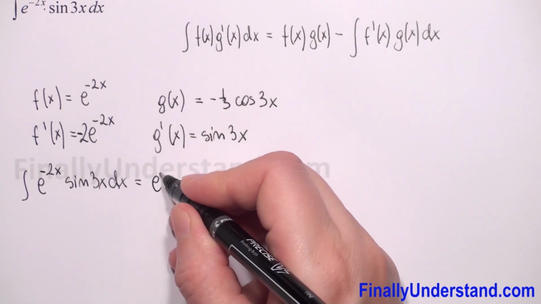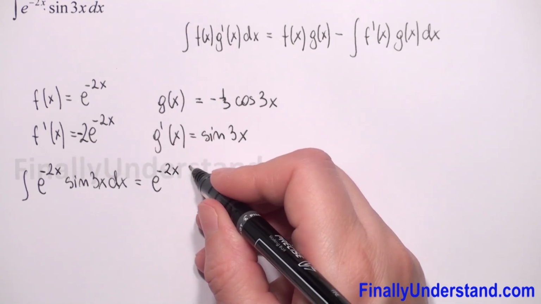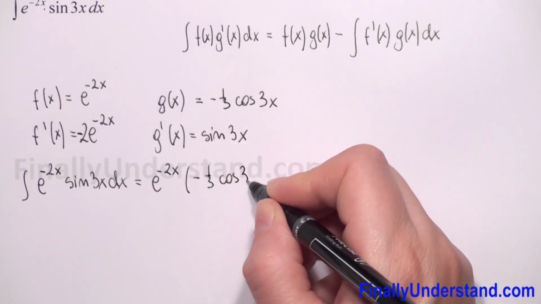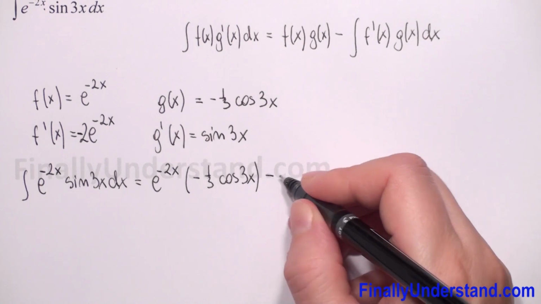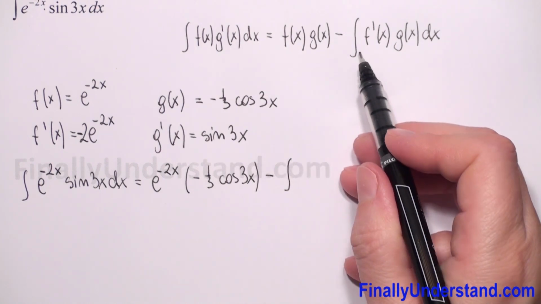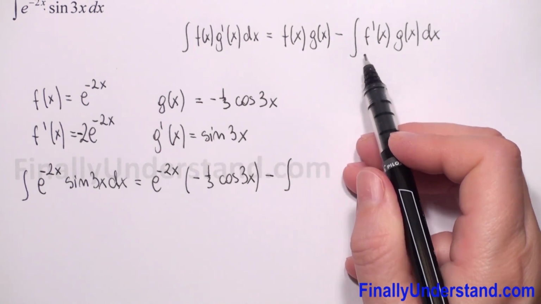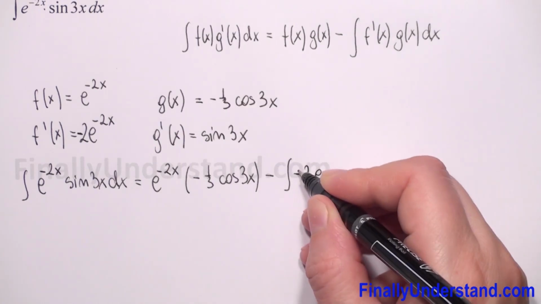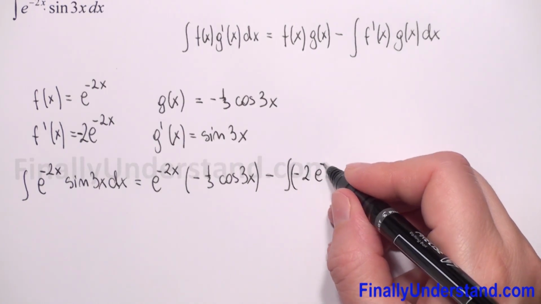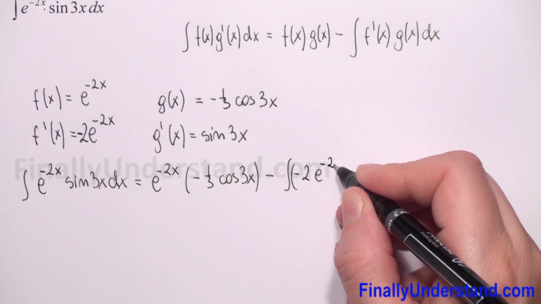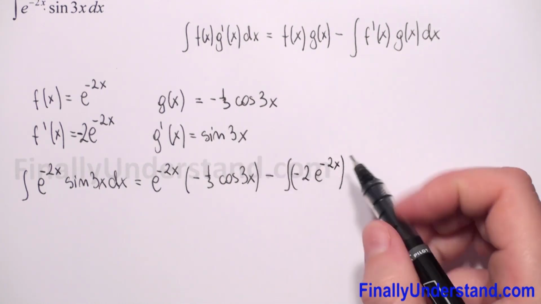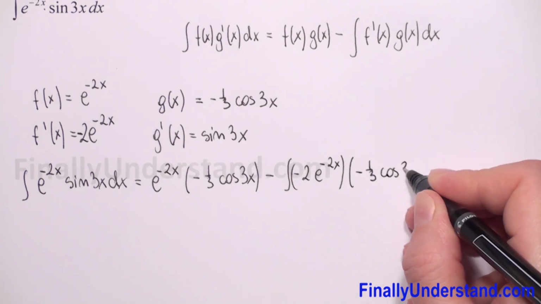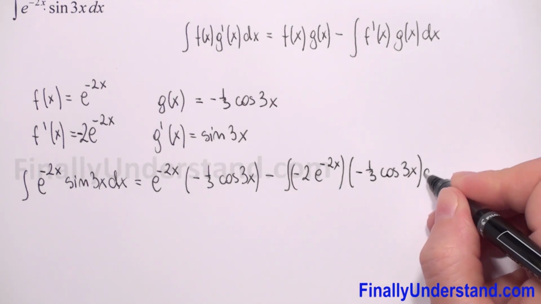So we have e to power negative 2x times negative 1/3 cosine 3x minus, and now we have the integral of the derivative of f, so it's negative 2e, let me put this in parentheses, to power negative 2x times g, which is negative 1/3 cosine of 3x with respect to x.